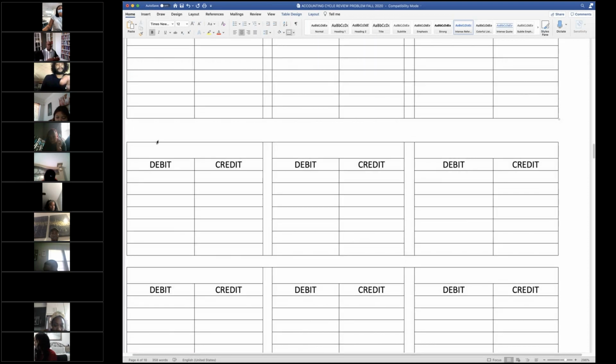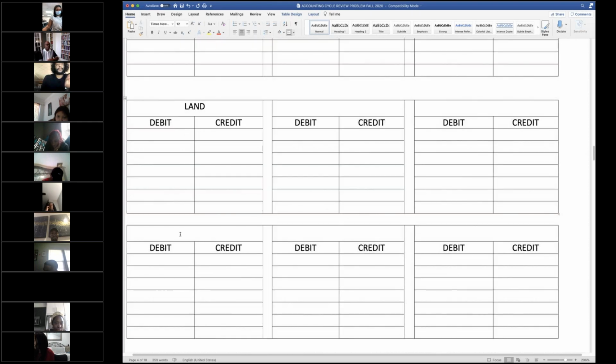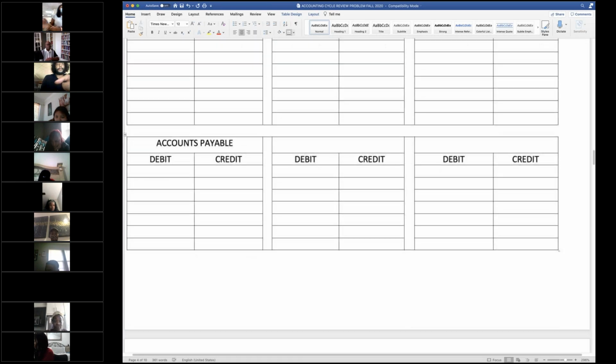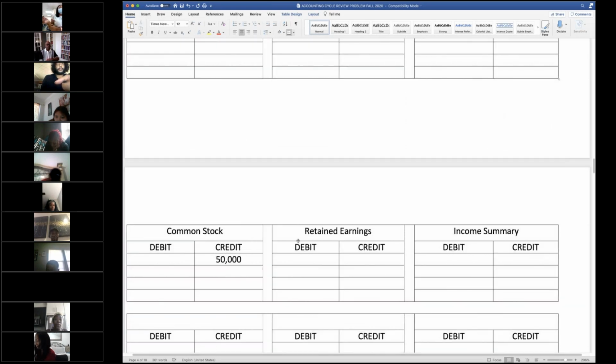Then the land comes here, so you keep them in order. Then you start to put your liabilities down here on the next line. Land. Then common stock, retained earnings, and income summary come here.